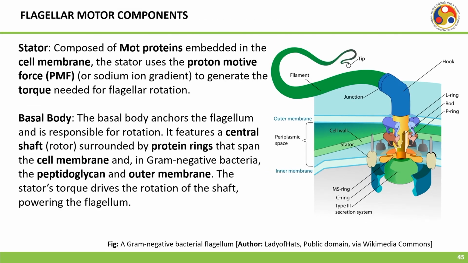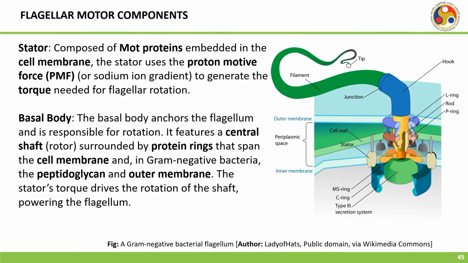What are the components of the flagellar motor? It basically contains a stator, which you can see here, composed of Mot proteins embedded in the cell membrane. The stator uses the proton motive force to generate the torque needed for flagellar rotation. Then we have the basal body.